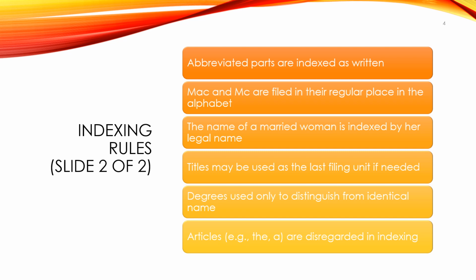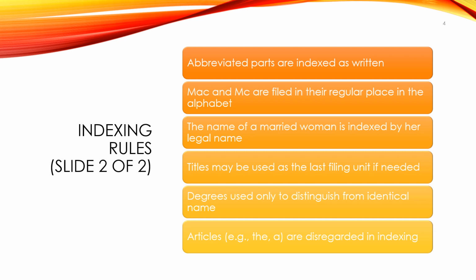When you have a married person, we use their legal name. If they legally go by their maiden name, that's what we use. If they legally go by their married name, that's what we use. If we have duplicates down the line, the title can be used as the last filing unit. Say you have Smith, John, Robert, and two of them.